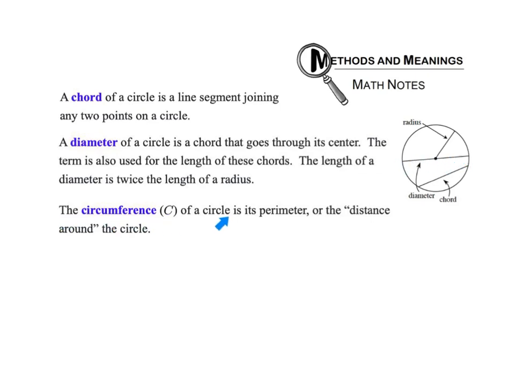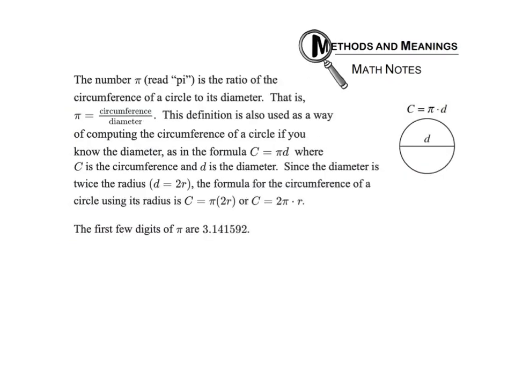And the circumference of a circle is its perimeter, or in other words, it's the distance around the circle. So the circumference is talking about this distance here, around the circle. And the rest of the math notes here remind us that the formula to find the circumference of a circle is circumference equals pi, which is about 3.14, times the diameter.